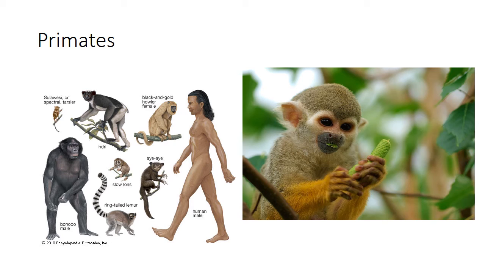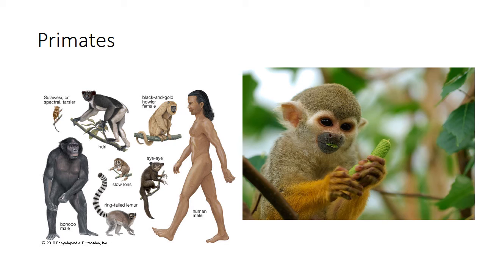On the other hand, there are these creatures, the black and gold howler, and the Sulawesi or spectral tarsier, I don't know how to pronounce it, which look like monkeys, right?